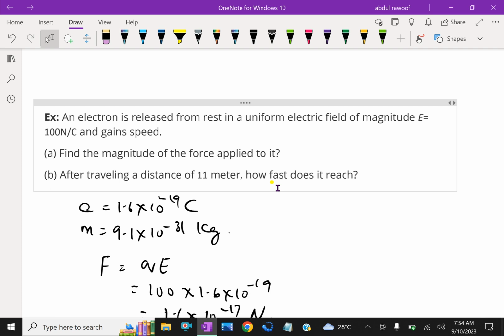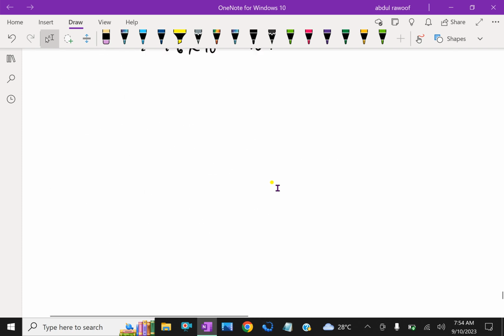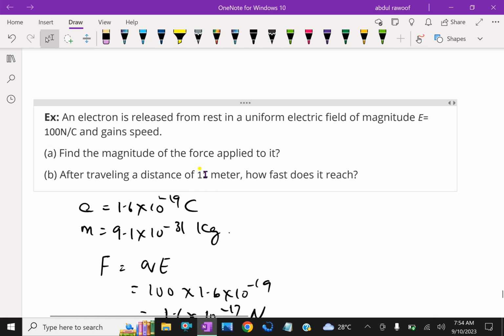By combining Newton's second law F equal to ma and the kinematic equation V square minus V0 square equal to 2ax, we can determine the speed of the electron after it has traveled 1 meter through the electric field.